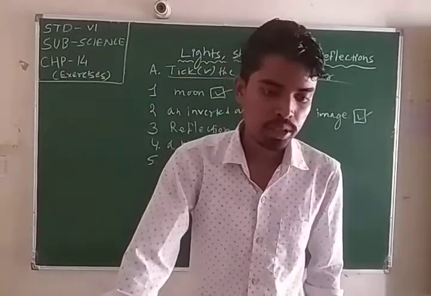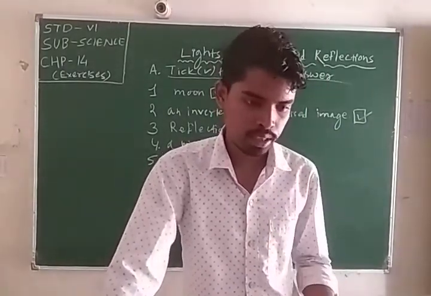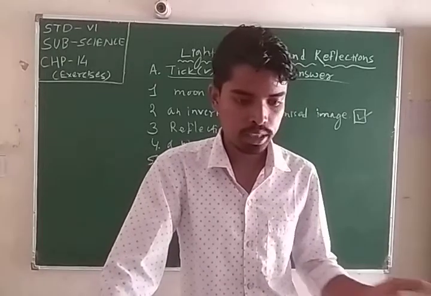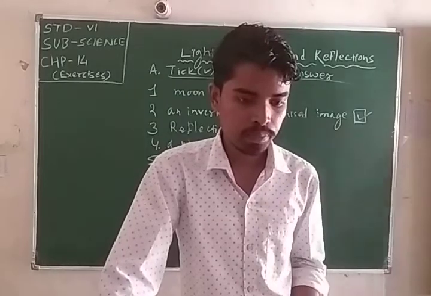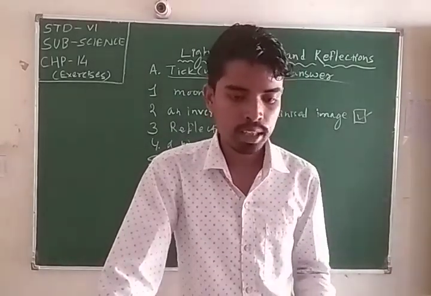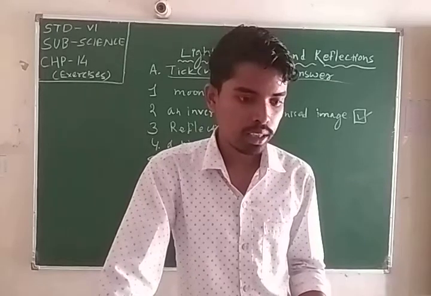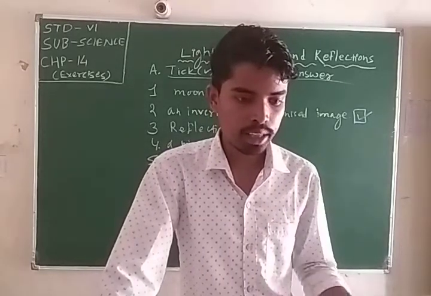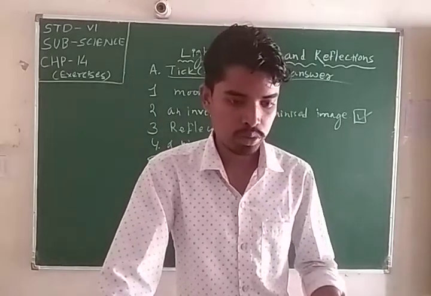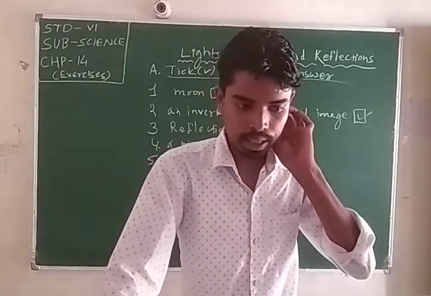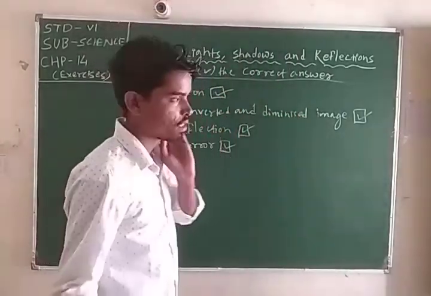Clear glass is transparent, a piece of wood is opaque, a metal sheet is also opaque, and a mirror reflects light. So A, clear glass, is a transparent object.